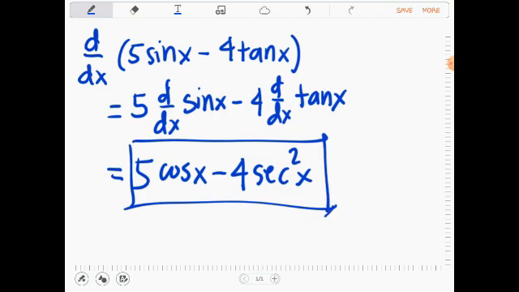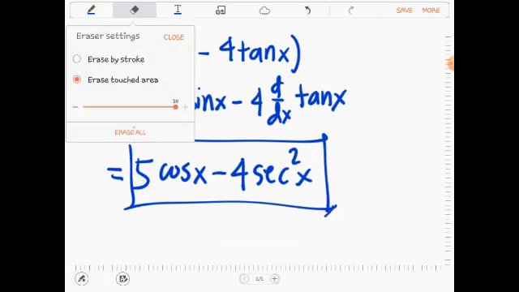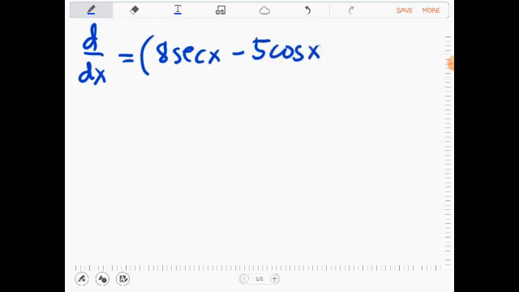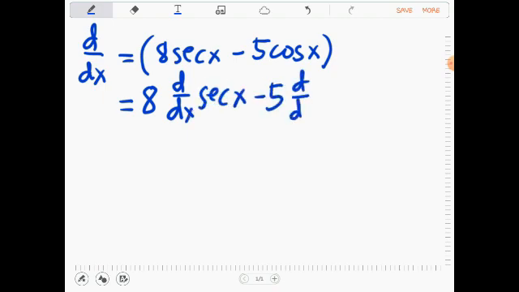Okay, next. How about d over dx of a quantity 8 secant of x minus 5 cosine of x. Okay? Sorry, ang lakas ng ulan. So, this would be equals to 8 times the derivative of the secant of x minus 5 times the derivative of cosine of x.